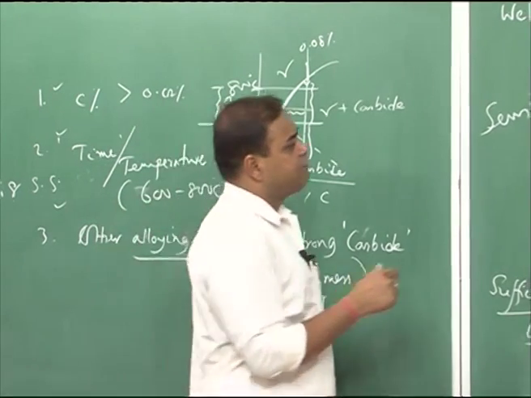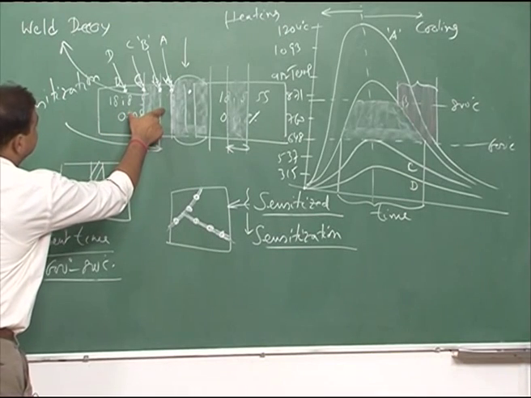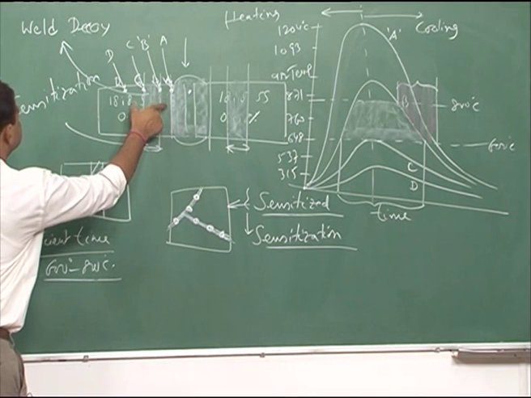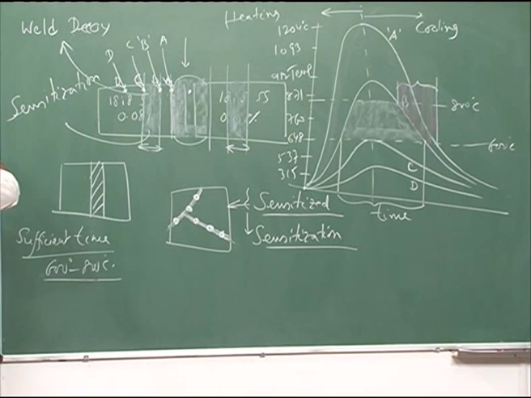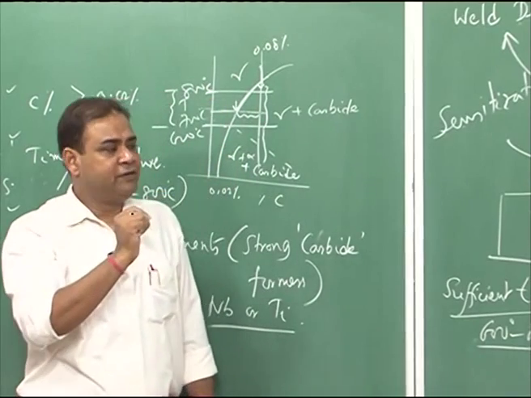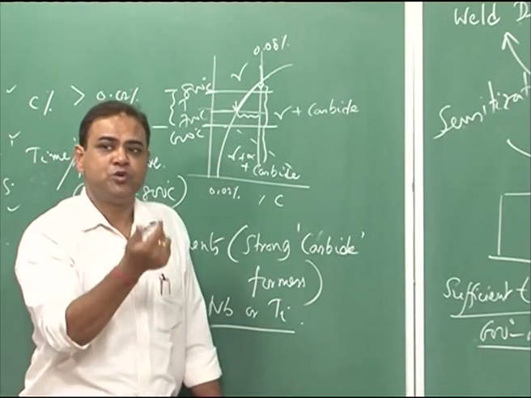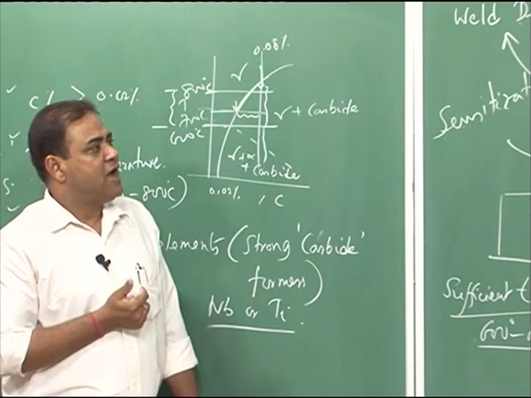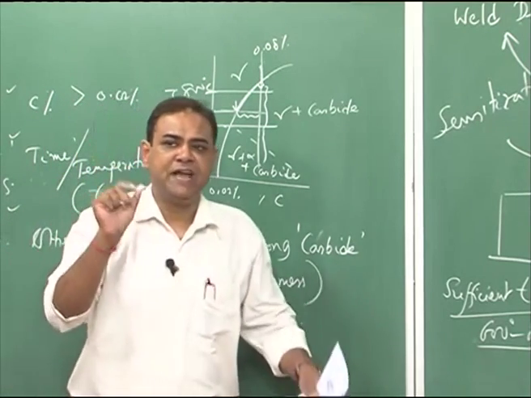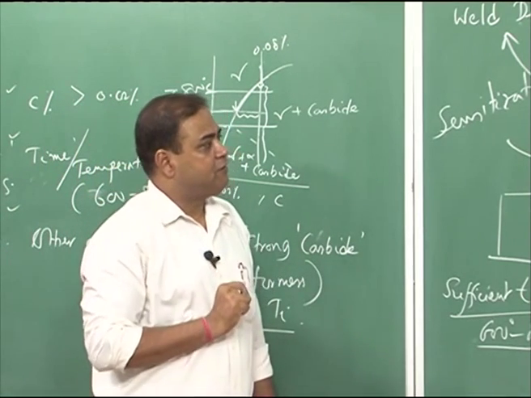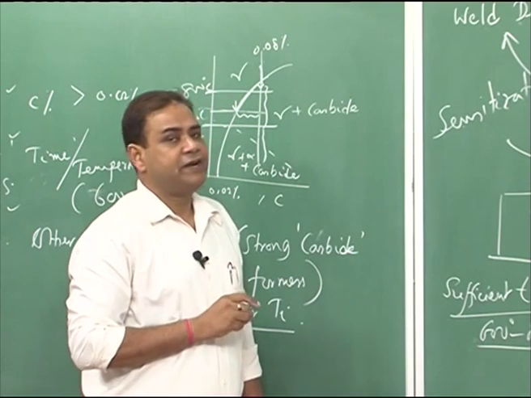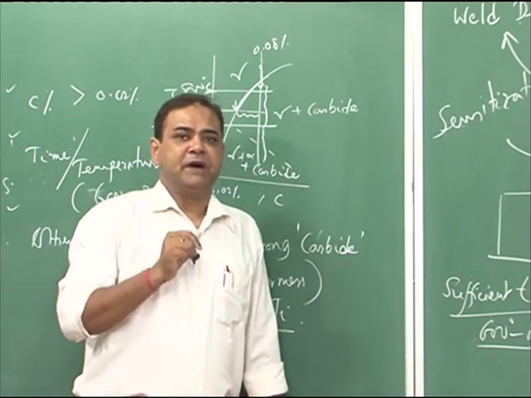So, we can have more and more area which would be susceptible to intergranular corrosion, and sensitization or weld decay would be possible. But if we employ arc welding, the heating rate would be very sharp, at the same time cooling also would be very sharp, as well as the heat affected zone would be narrow. So, the effect of sensitization or weld decay would be minimized.